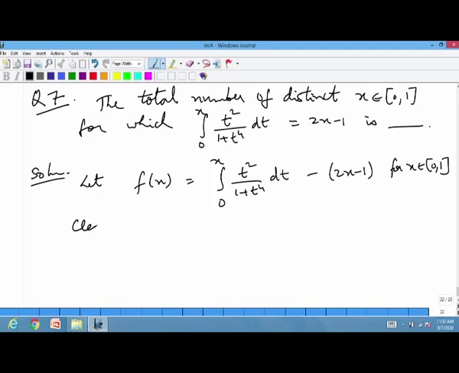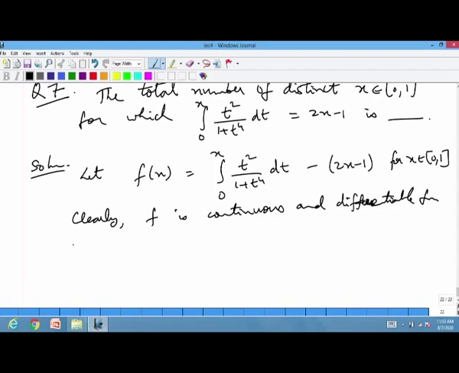So, clearly f is a continuous and differentiable function. Also let us see what is the value of f of 0. If we put x equal to 0, the integral is 0 to 0. So, this is 0 minus, this will be minus 1. So, this is equal to 1.